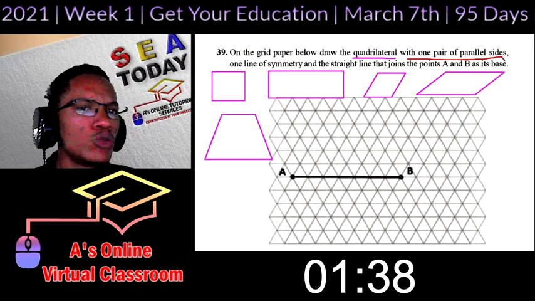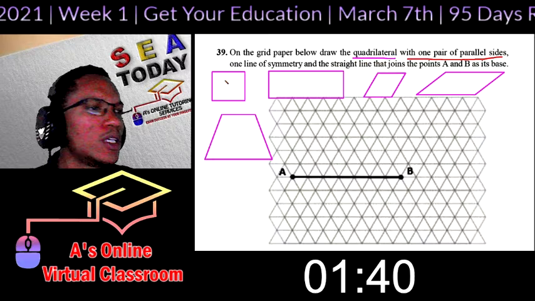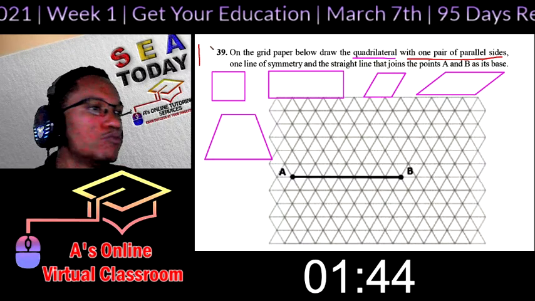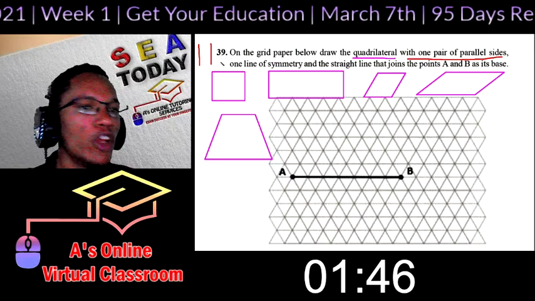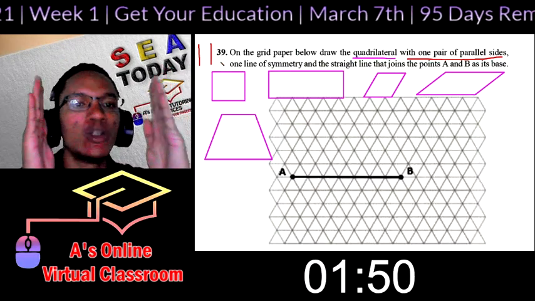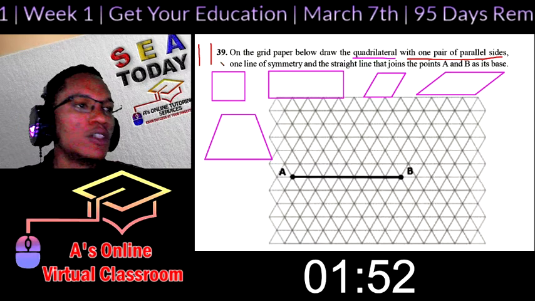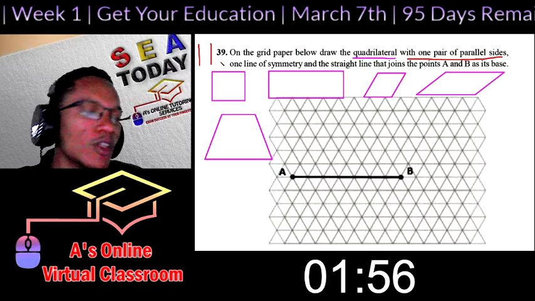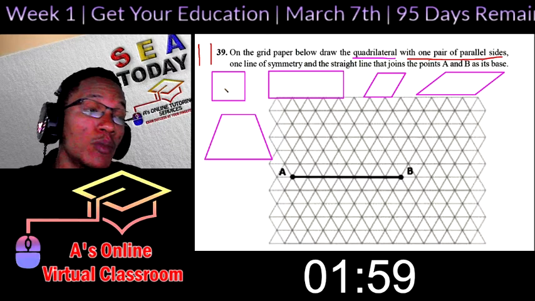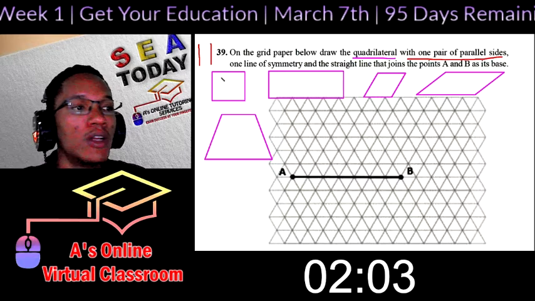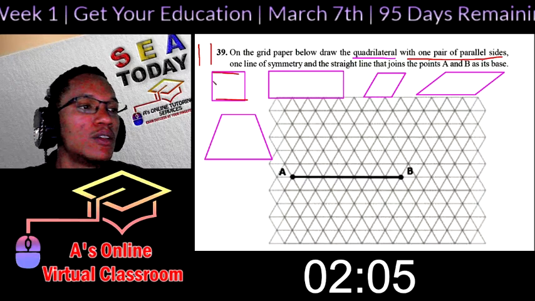When we go through all that we have here, parallel means running in the same direction, 2 lines that will never meet or touch at any point. So they're evenly spaced throughout the whole stretch of the line. In most quadrilaterals, we have more than one parallel pair.